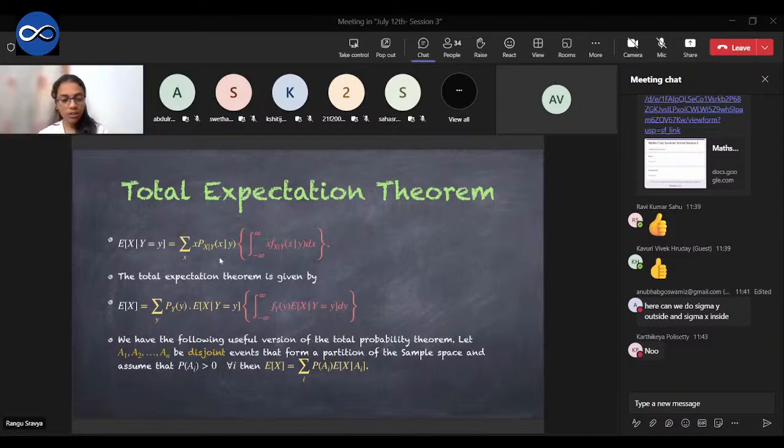Now just modify the expression a little bit: it will be sigma i of P of Ai into E of x given Ai. Calculate the expected value for each event that occurs and the probability that the event occurs, and sum all those to get the expected value of x. It's similar to the total probability theorem, just that we are finding expected values.